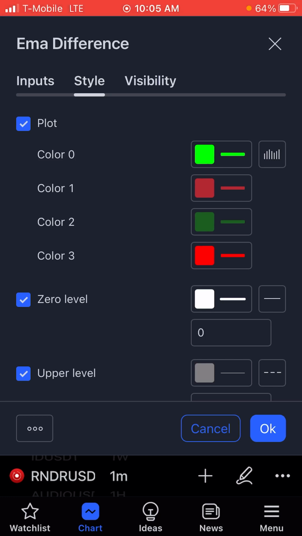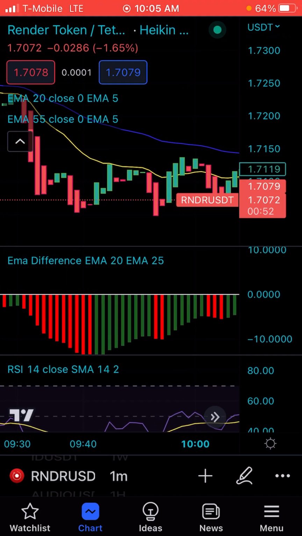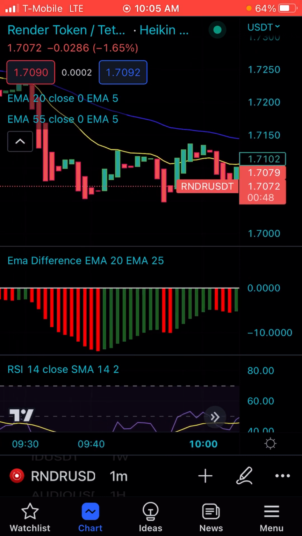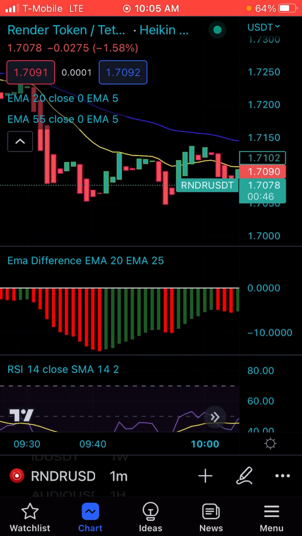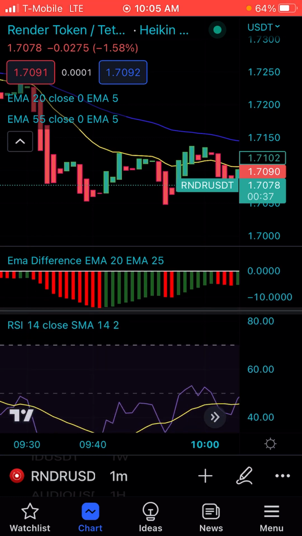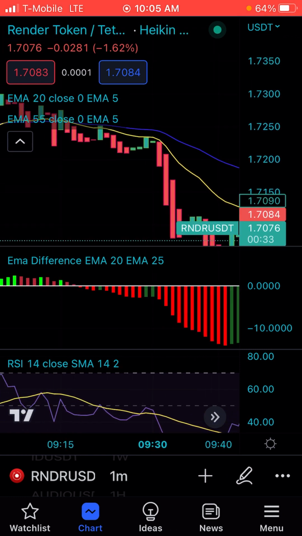So I changed my colors, but you guys don't have to. My colors are a little bit darker green, as it's easier for me to understand if something's going up or going down. You can color code this any way you want. And of course, you've got to have your RSI. RSI is also very helpful. But this strategy is very simple.